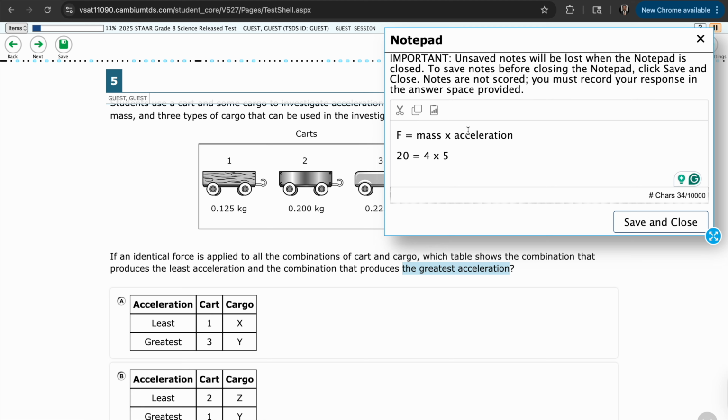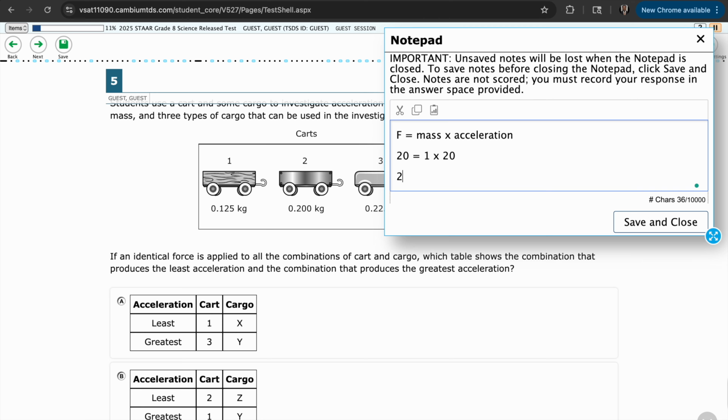Well, to get the biggest acceleration, what do we need to do? What's the biggest number we can use to get to 20? Well, we can do 20 times 1, right? So in order to get the biggest acceleration, our mass has to be very, very, very small, okay? But what if I want to get the smallest acceleration?